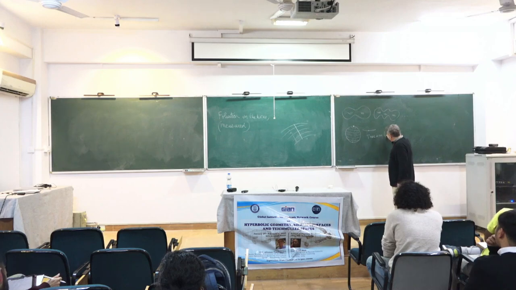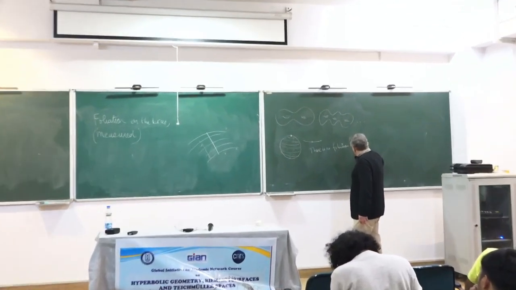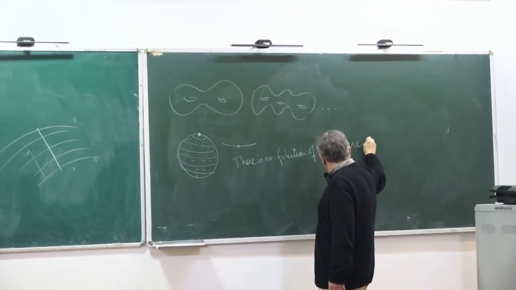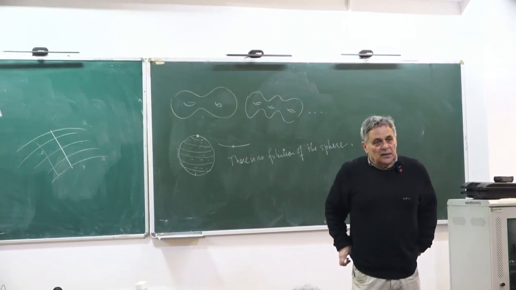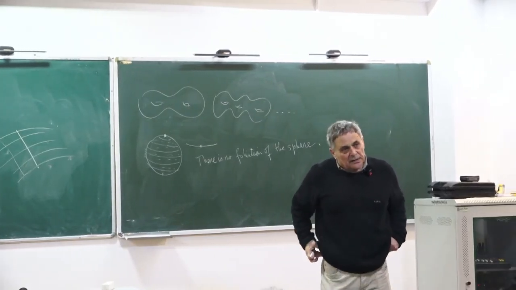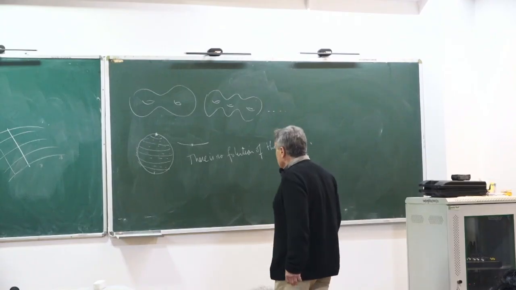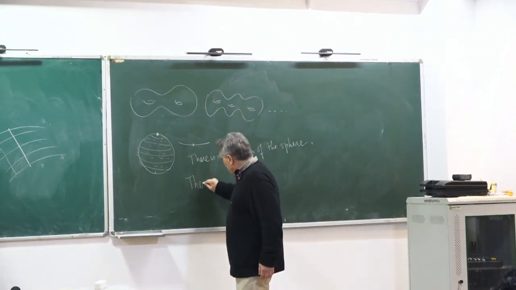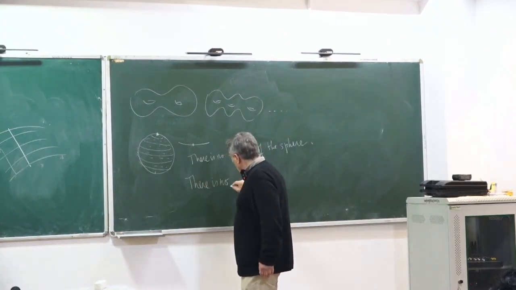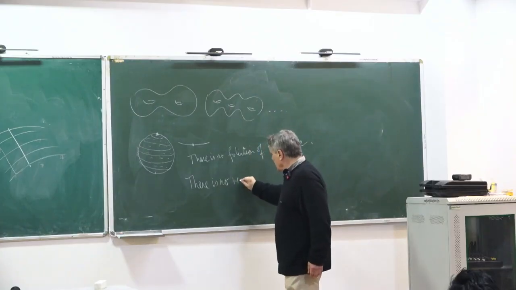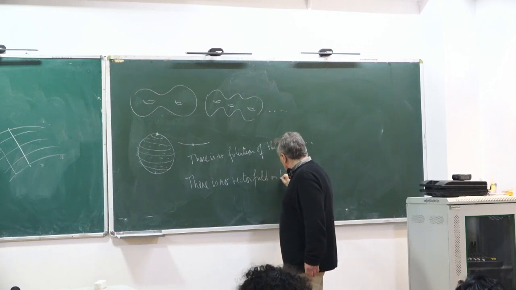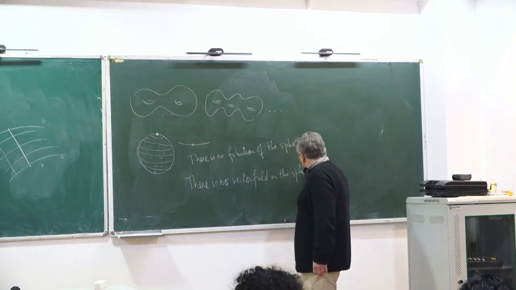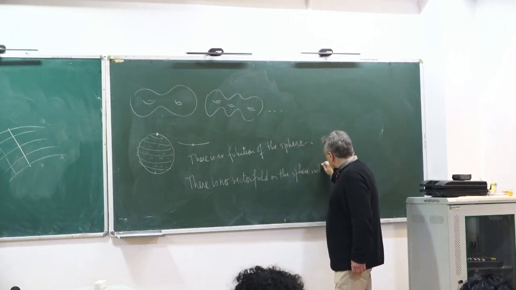There is no foliation of the sphere. So those of you who did some surface geometry know that there is no vector field on the sphere with no zero.